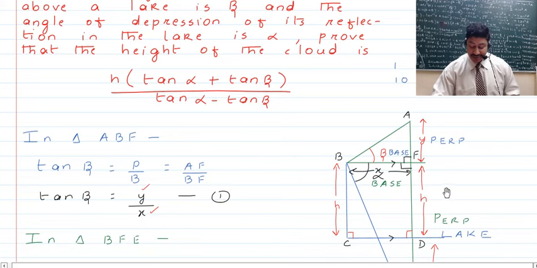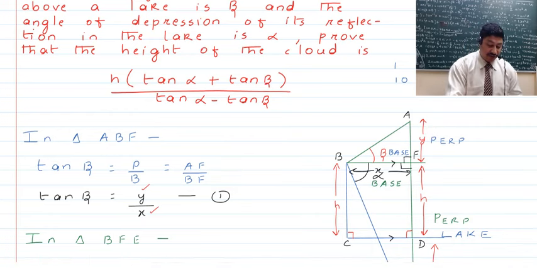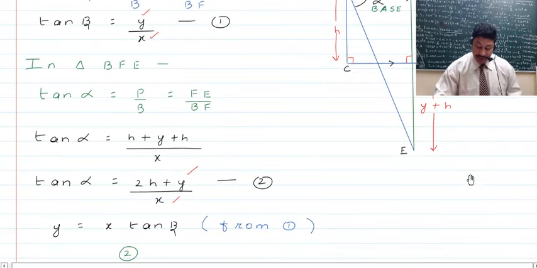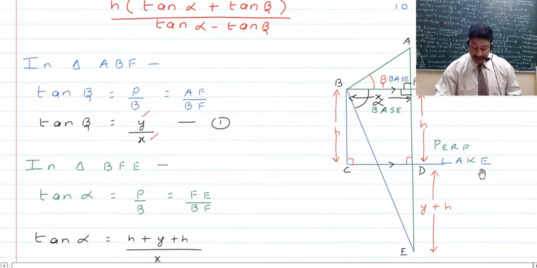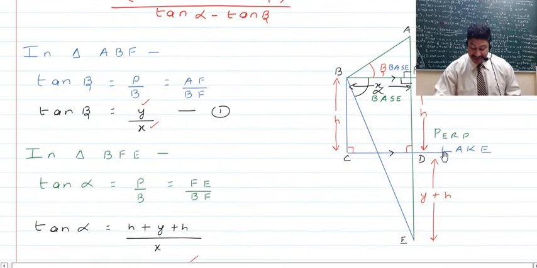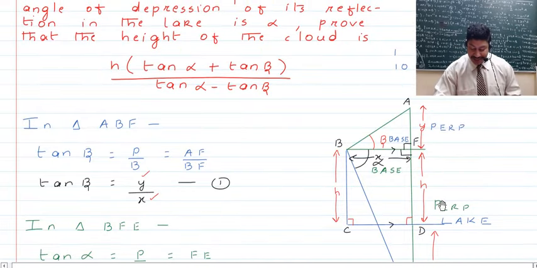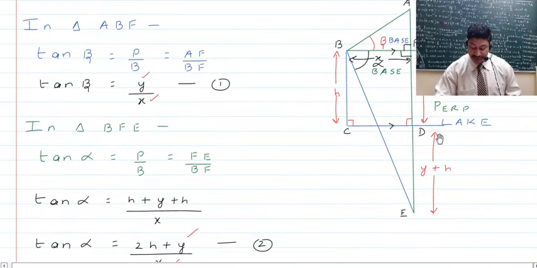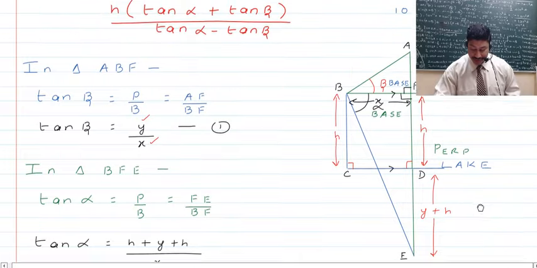So the distance of the cloud above the lake surface is y plus h. And now if we talk about the distance which is below the lake surface, it should also be y plus h, right? So y plus h is the distance above the lake, and y plus h will be the distance of the image below the lake, the same amount of distance.